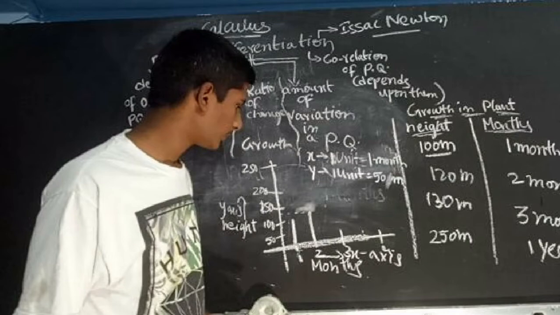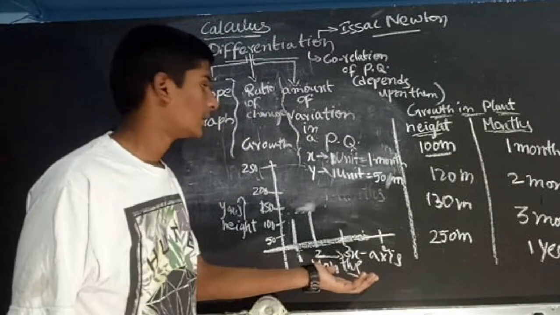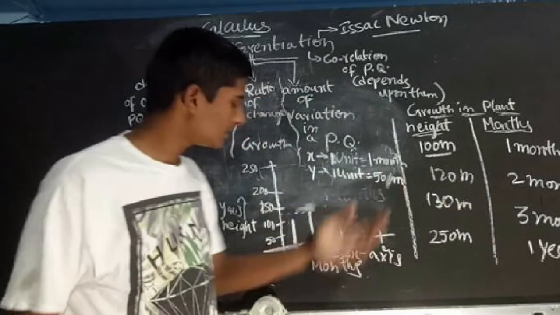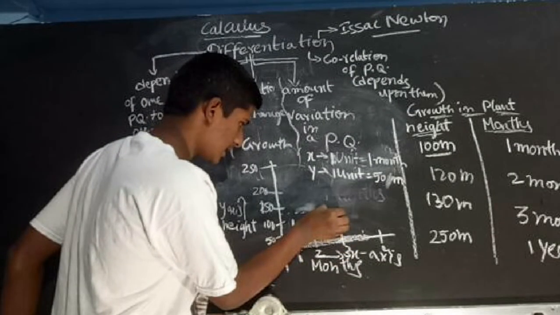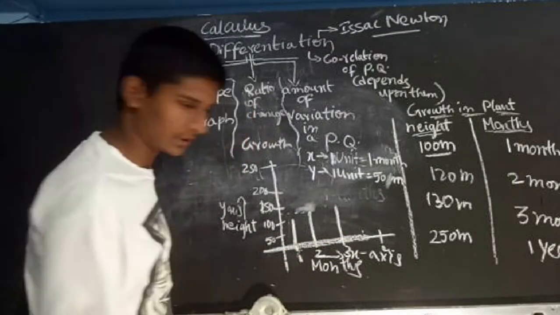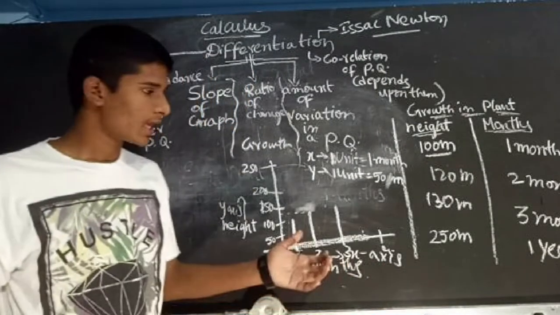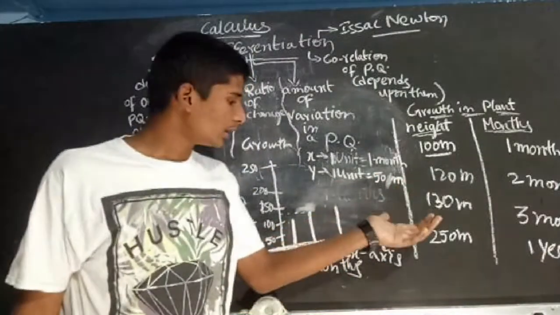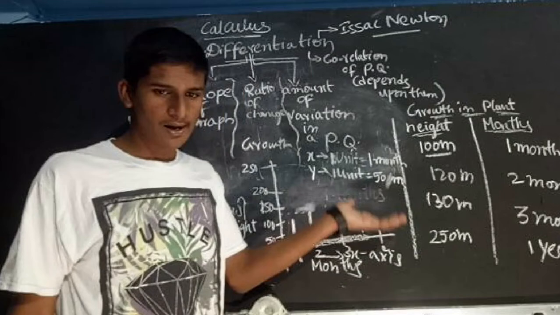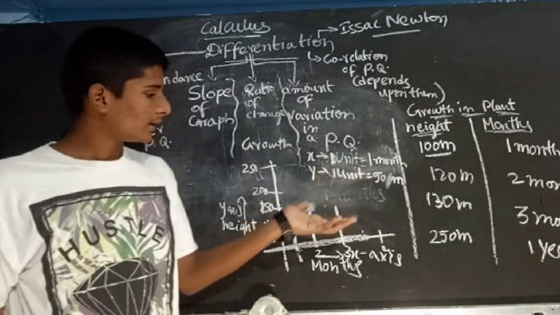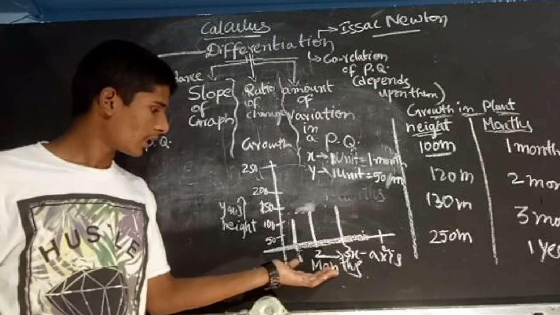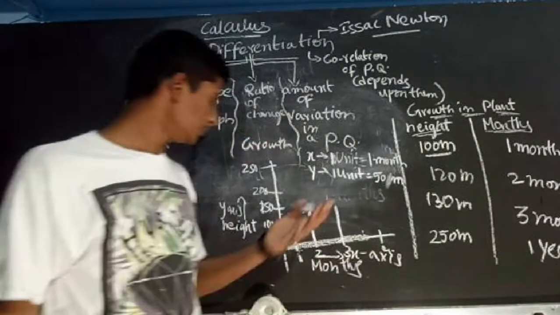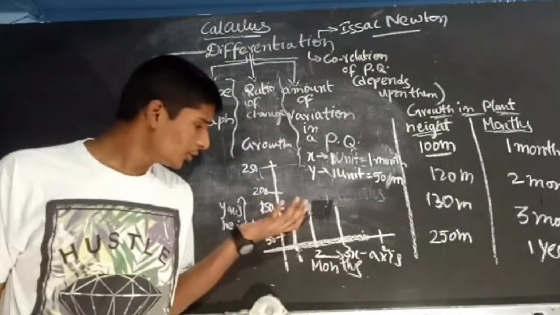Then in 3 months, it is growing to 130 meters. This is 3 months and we are drawing 130 meters. And in 4 years, 5 years, it goes on. And we will take this as an example. See, like this, it is there. Do you observe anything?